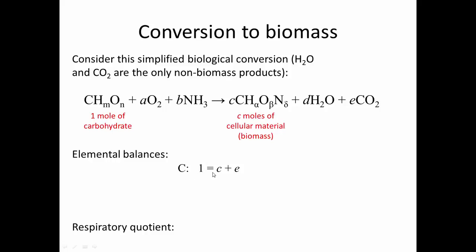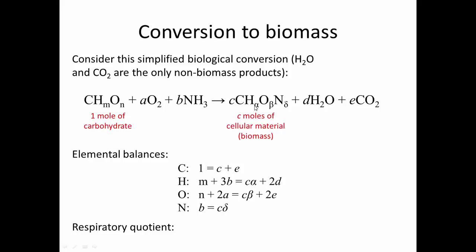So we can put our carbon balance together. We can look for everything that has carbon, and we can keep the reactants on one side of the equal sign and products on the other side. We can do the same for hydrogen, oxygen, and nitrogen, where for hydrogen we are taking into account m moles of hydrogen per mole of carbohydrate, plus 3 moles of hydrogen in ammonia multiplied by B moles, since we need B ammonia per 1 mole of carbohydrate.